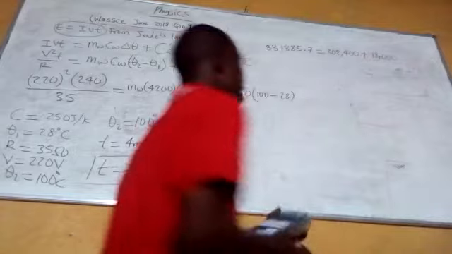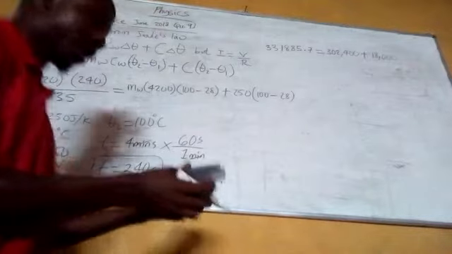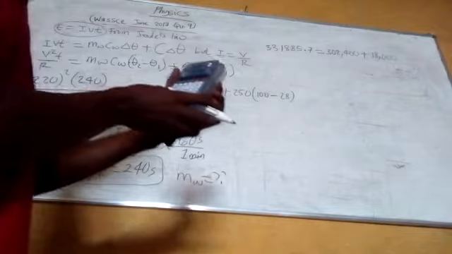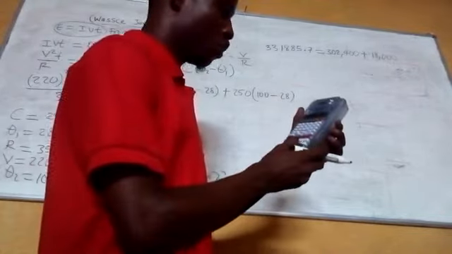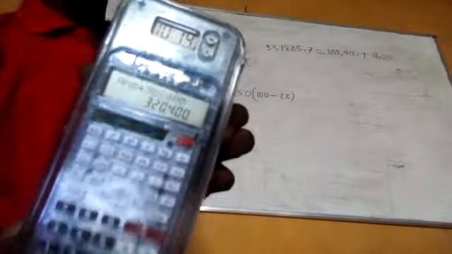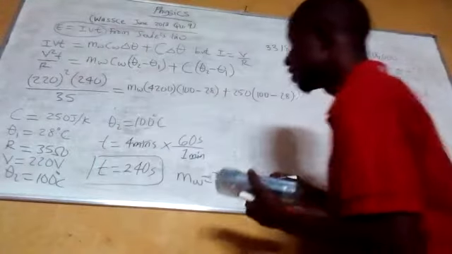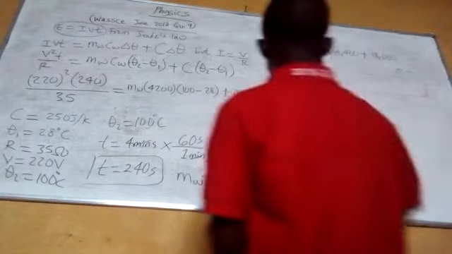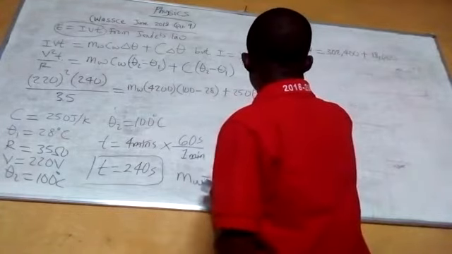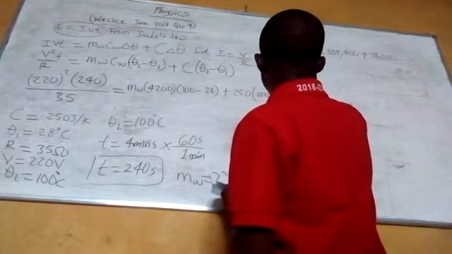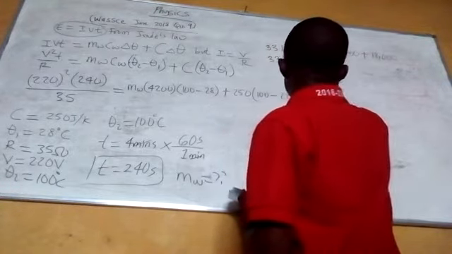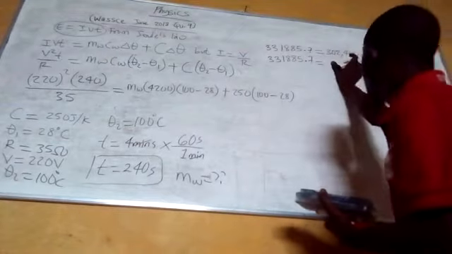So we add 18,000 plus 302,400 equal to, this is what we obtain when we do our addition. So we can see that here we have 331,885.7 equal to, now this value 302,400 here will be multiplied by the mass of water, which is MW.